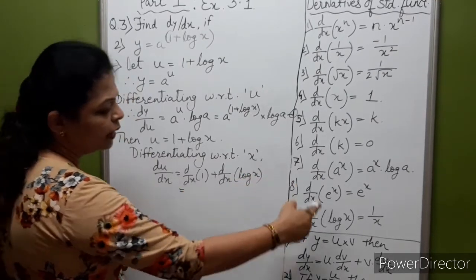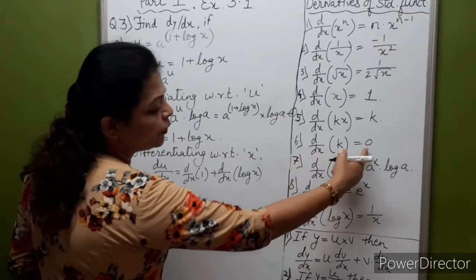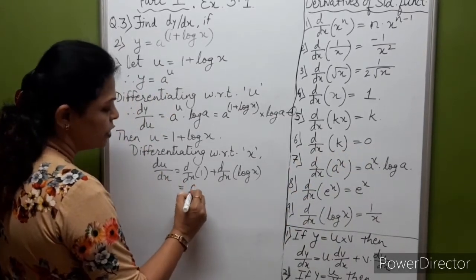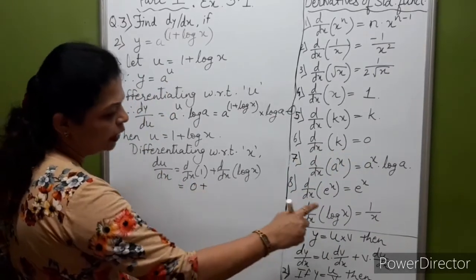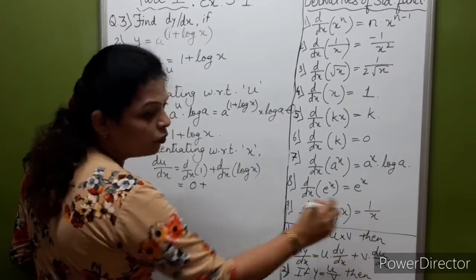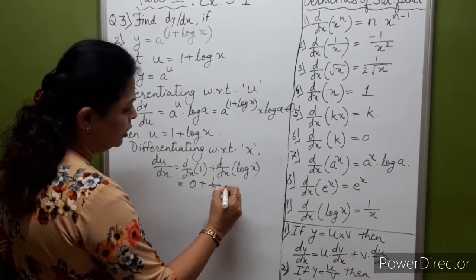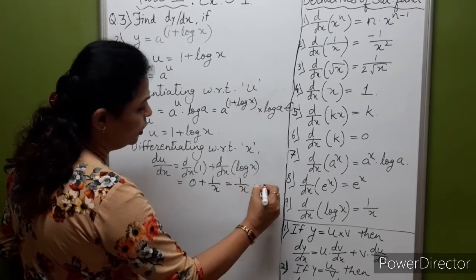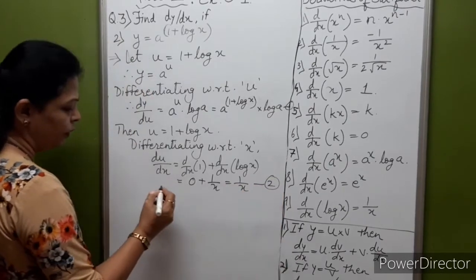Now the derivative of 1 is 0. See, d dx of k is 0, where k is a constant. And the derivative of log x is 1 upon x. So we get it is equal to 1 upon x.